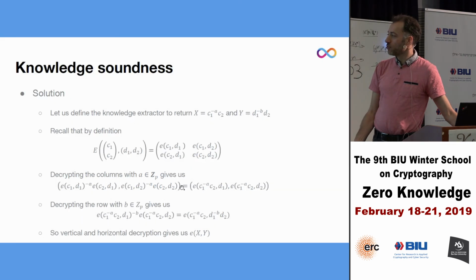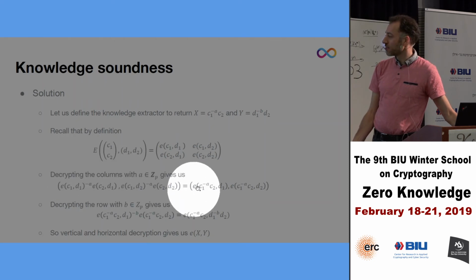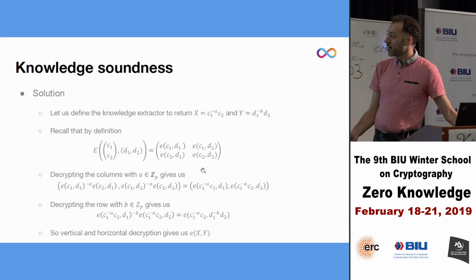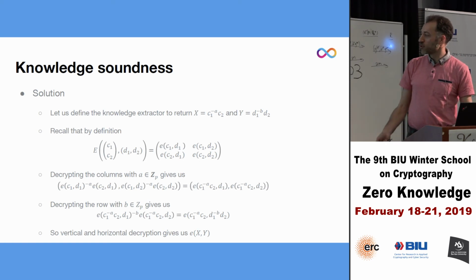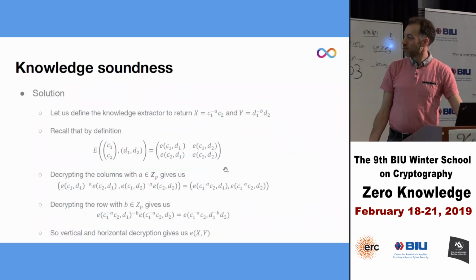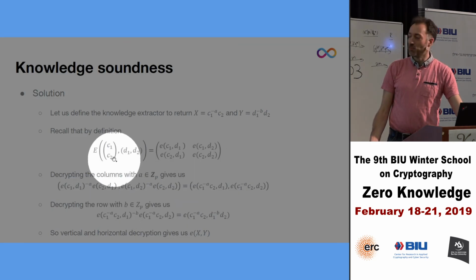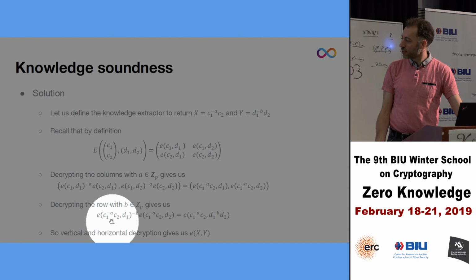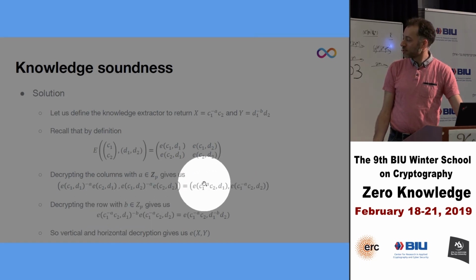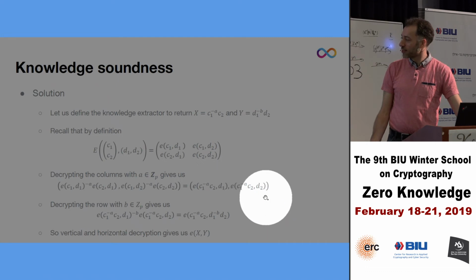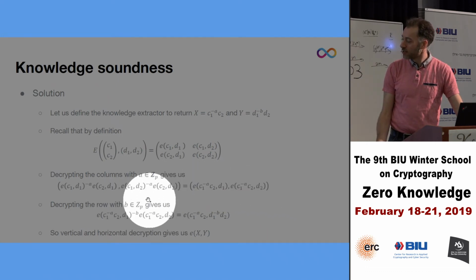We can do a little rewriting because it's a bilinear map, so that's the same as the pairing of C1 to the minus A C2 paired with D1, and the pairing of C1 to the minus A C2 paired with D2. Now we look at the decryption along this row using B. Here we get the first element to the minus B times the second element, so that's the whole thing here.